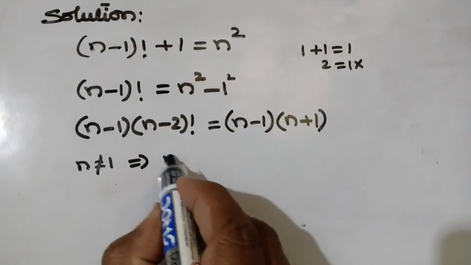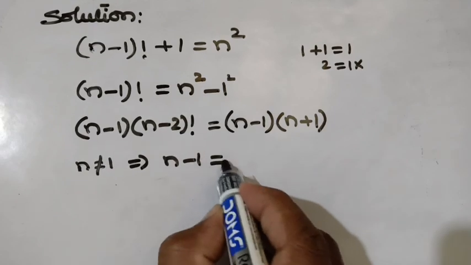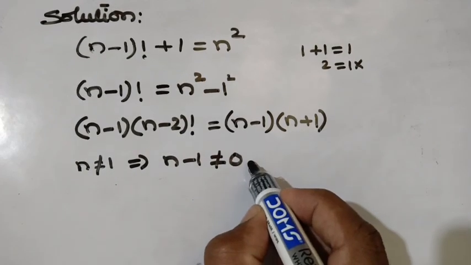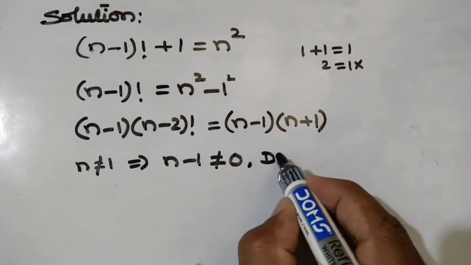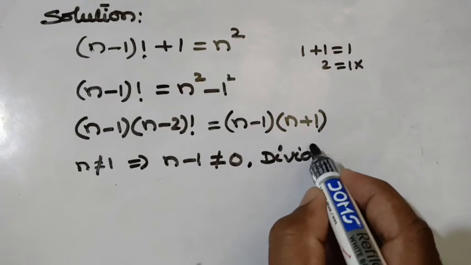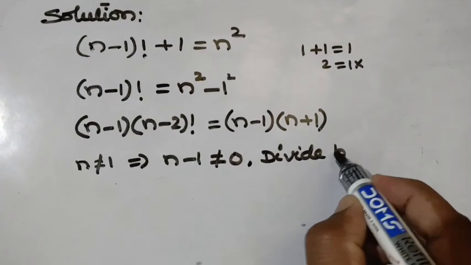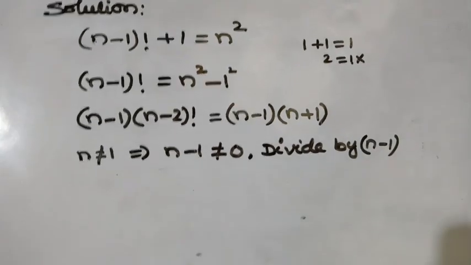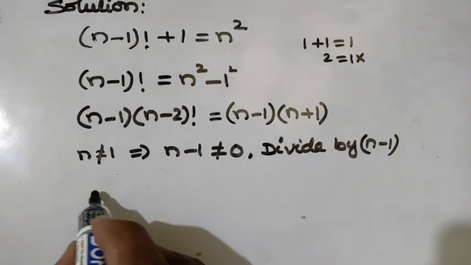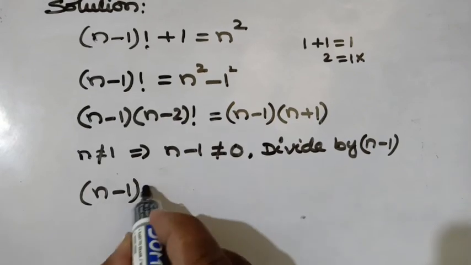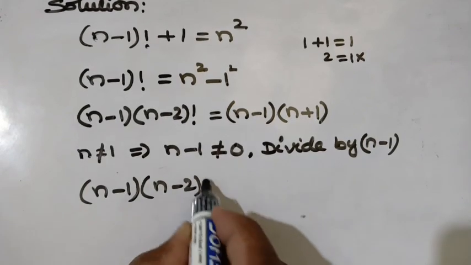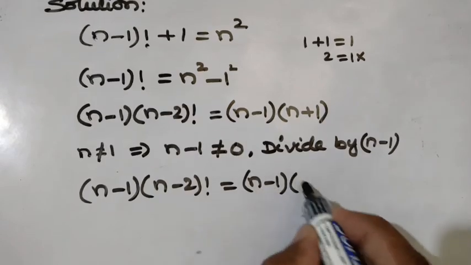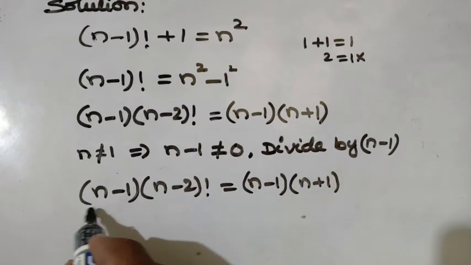That implies n − 1 is not equal to 0, so I can divide by n − 1 on both sides. Now (n − 1) times (n − 2)! is equal to (n − 1) times (n + 1).